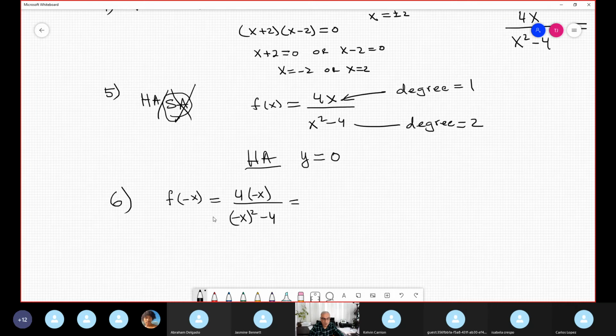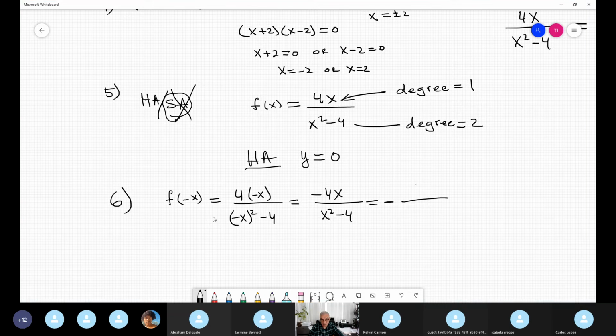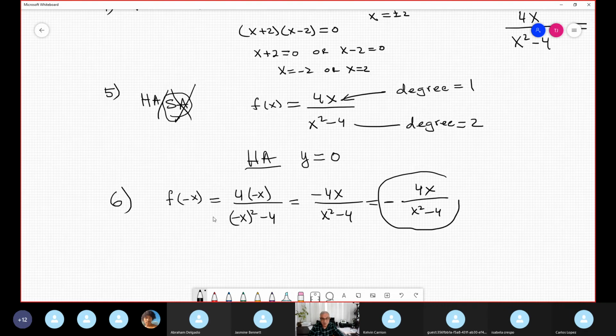The top is minus 4x. On the bottom, when the exponent is even, it's positive x squared minus 4. To see it more clearly, I propose you put this minus in the front, because it's equivalent. Now it's a crucial moment in which you compare this expression and the original. Do you see some symmetry or no?